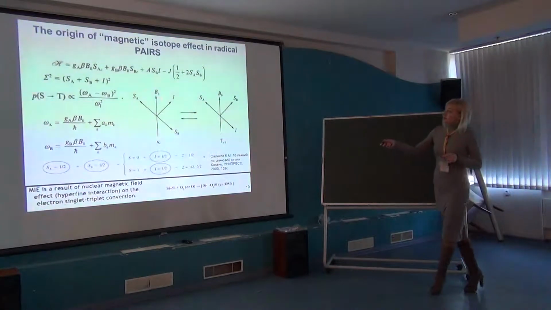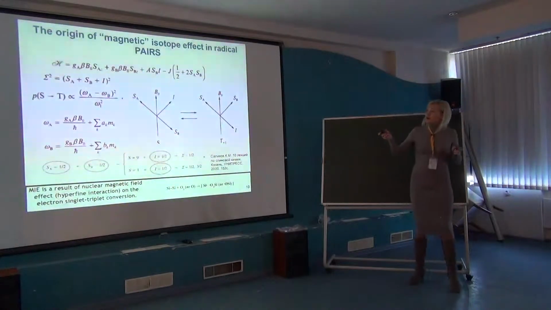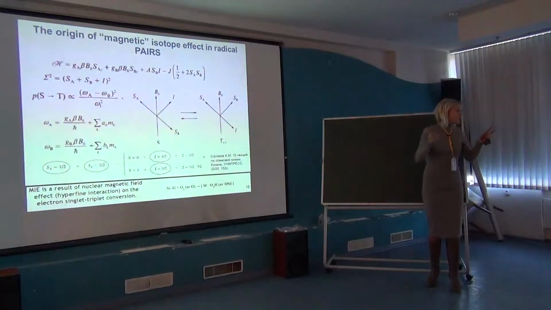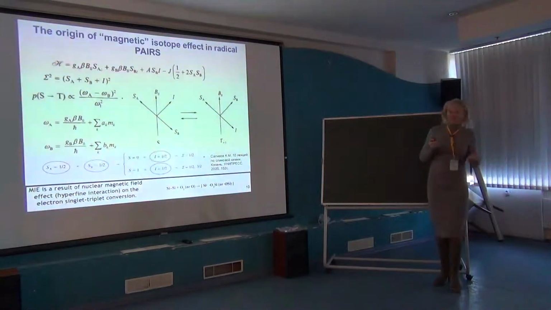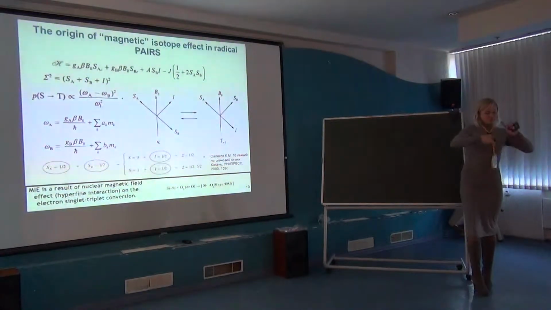If you have the spin of the first electron and the spin of the second electron, you have a conservation law and the Pauli exclusion principle, and another physical law. So it's impossible to change projection without additional energy.